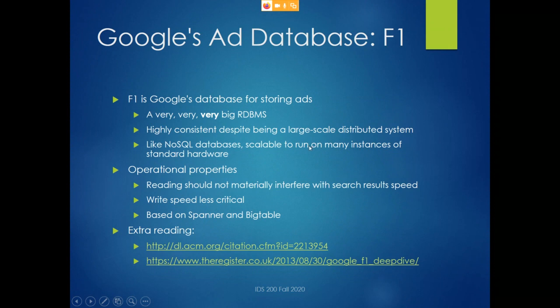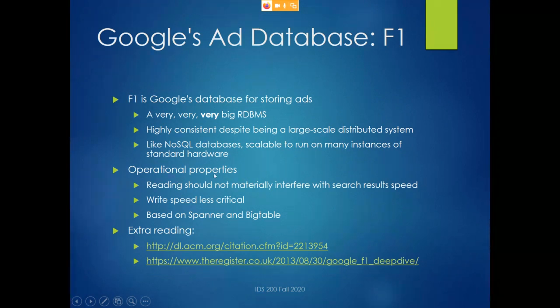So if something in one copy of data gets changed, it's basically instantly reflected in all copies. And like NoSQL databases, it's scaled to run on many instances of standard hardware, right? It's not optimized for a particular set of hardware or one that requires especially high-end, cutting-edge hardware. Instead, it runs on large numbers of pretty much standard low to medium-end hardware servers.